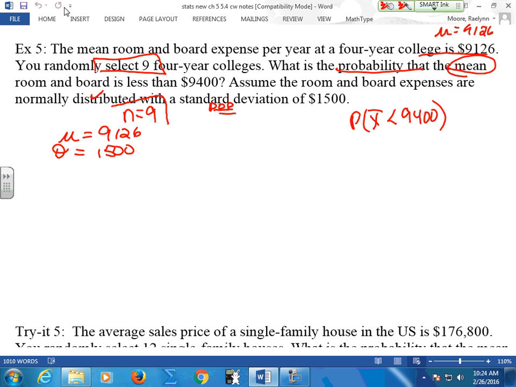But we had an N, and we have a mean in our statement. So we need to find the standard deviation for the sample. This is the major difference. So we take your standard deviation and we divide it by the square root of 9, which is 3. So we can find your standard deviation for your sample. Okay?